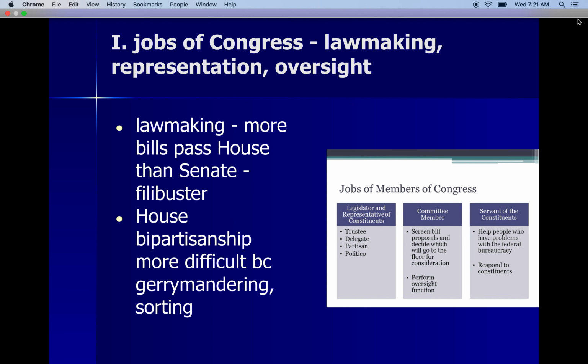Okay, so then the question is, how good a job does it do with these 3 things? And lawmaking, I think, is where people are not really happy with Congress. If Trump says drain the swamp, he's saying, hey, Congress is not really passing the laws, addressing the issues that the people want it to.